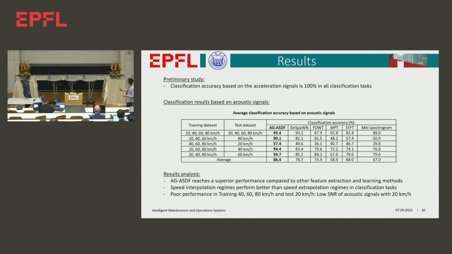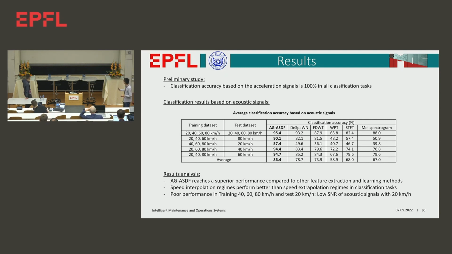We can see for the first classification task, the training dataset and the test dataset contain all train speeds. But for the other classification tasks, we evaluate the classification ability when the train speed in the test dataset is different from those in the training dataset.